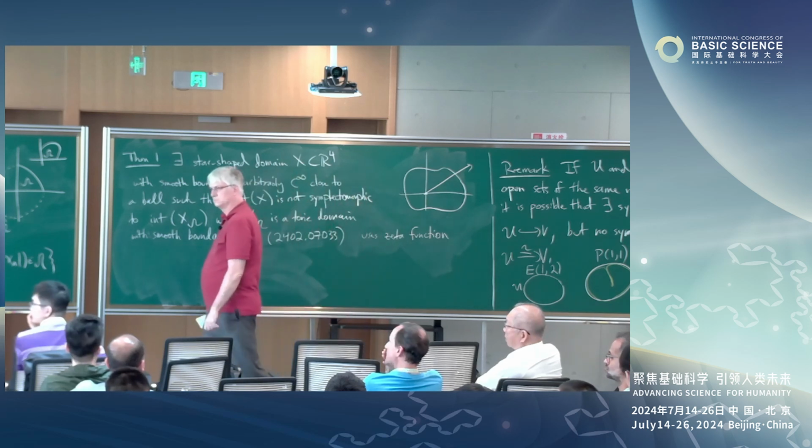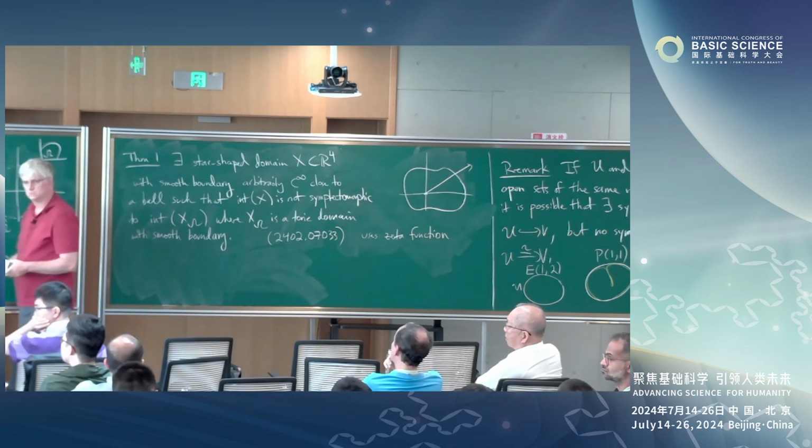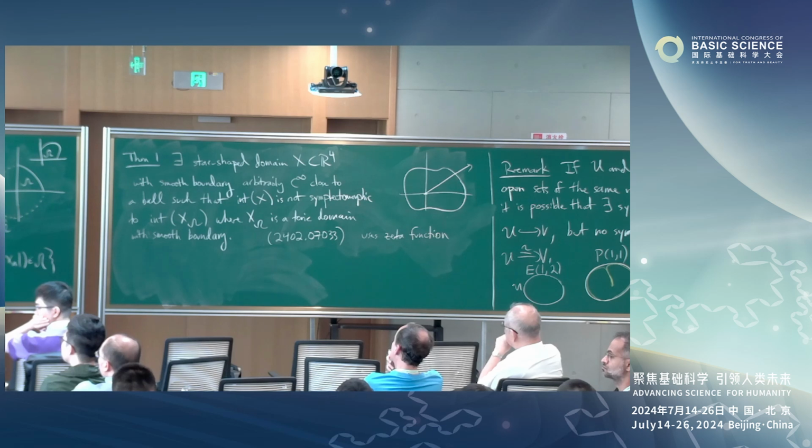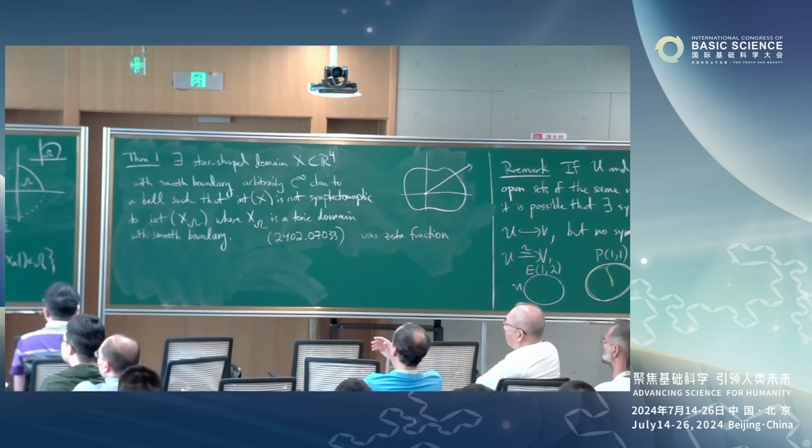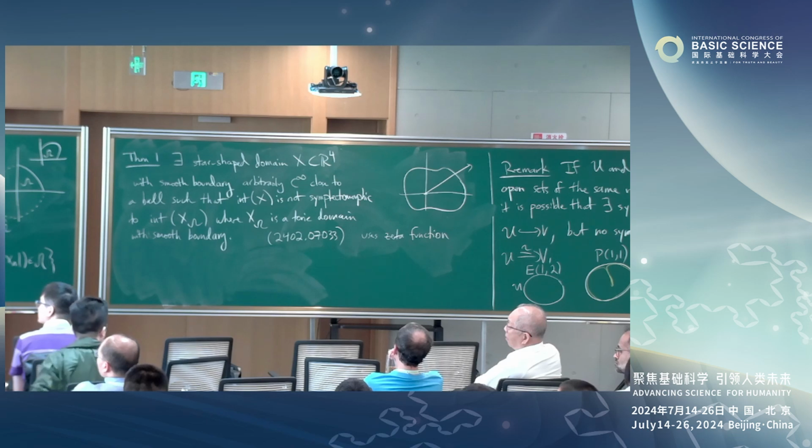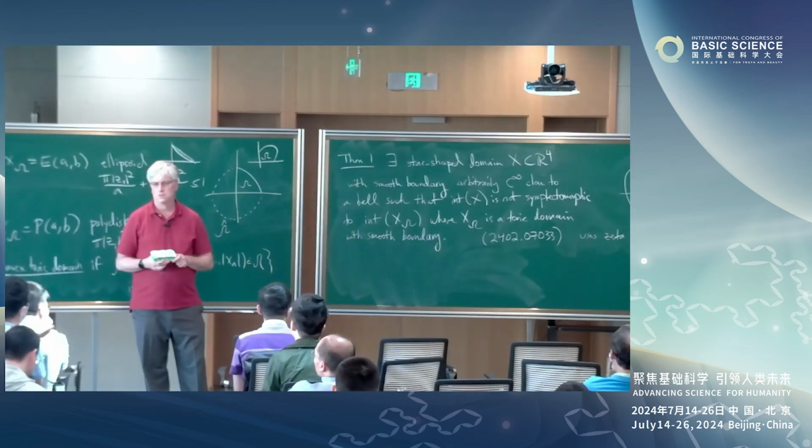Question: for the star-shaped domain, I guess the definition is given one point, the line segment from the other points to this point belongs to the domain? Well, that's convex.